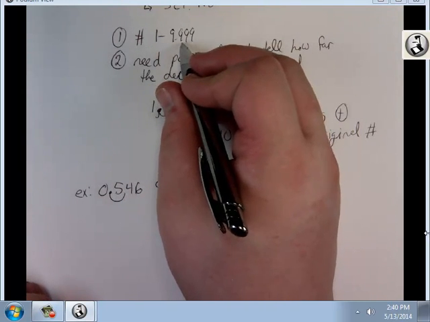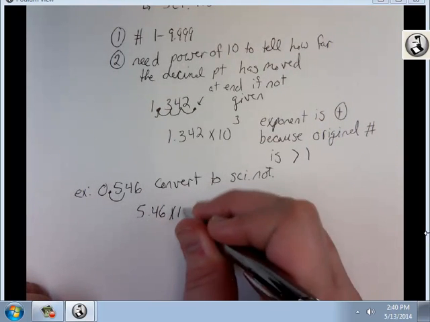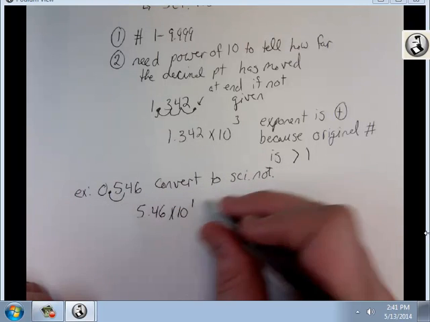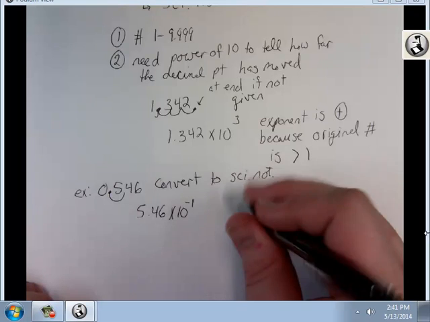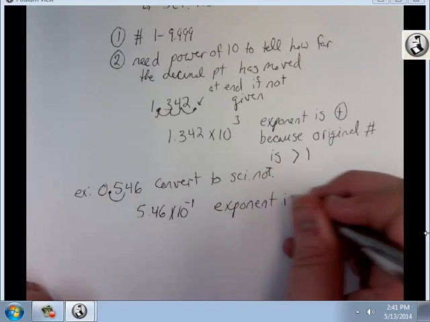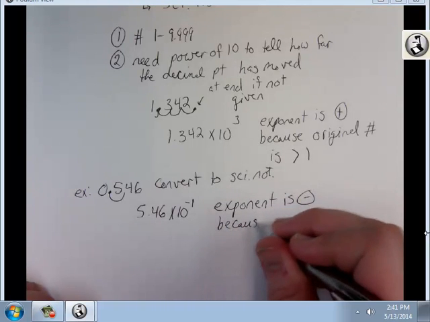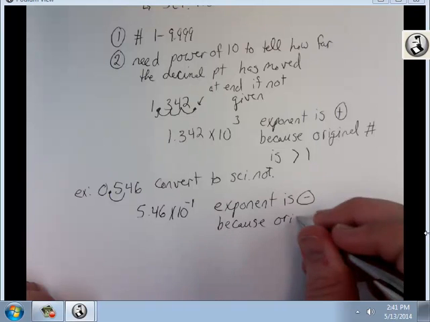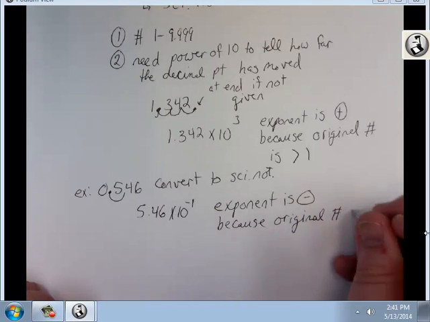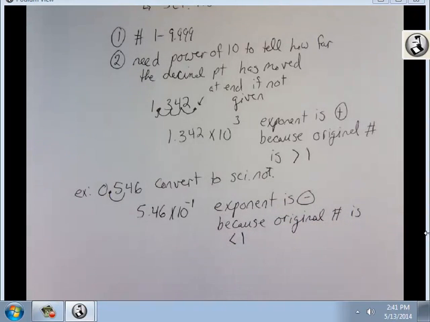So I have 5.46 times 10. I moved it once, and my exponent's negative because the original number is less than 1.